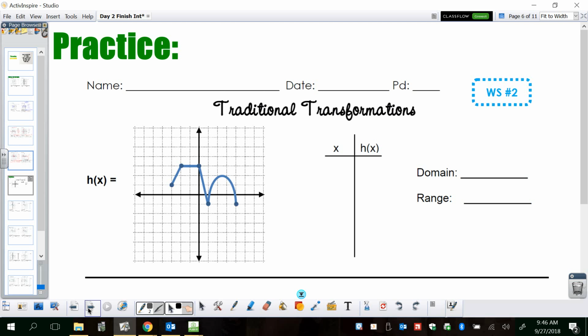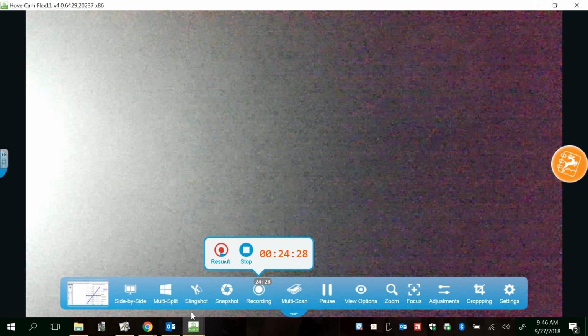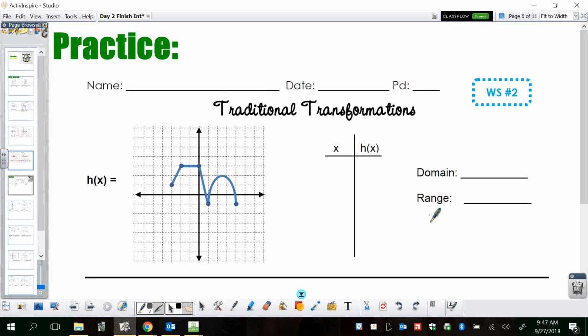Find the points, find the domain, find the range. Okay, so y'all had a second. You should be a little ahead of me. I'm going to start filling in my table as well.